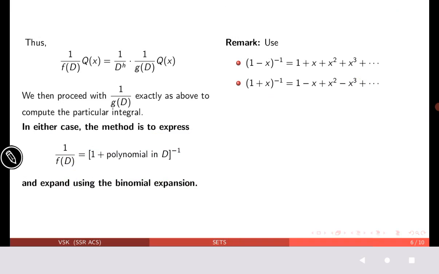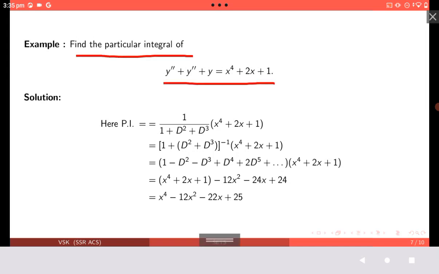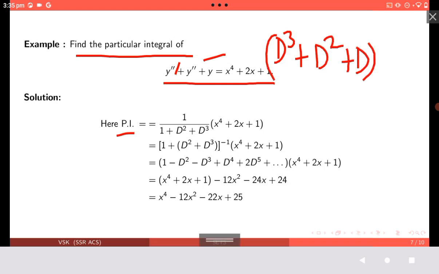Now we'll see some examples. So this is the first example. Here we find the particular integral of this question. The particular integral we write as 1 upon D cube plus D square plus D into y is equal to the right hand expression.